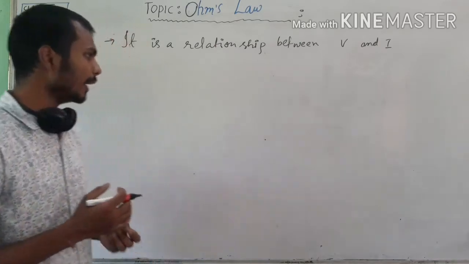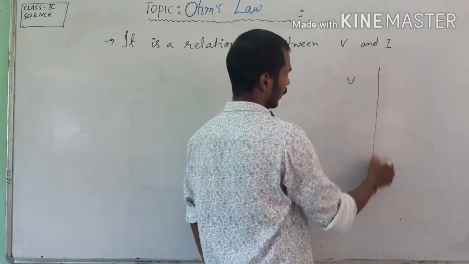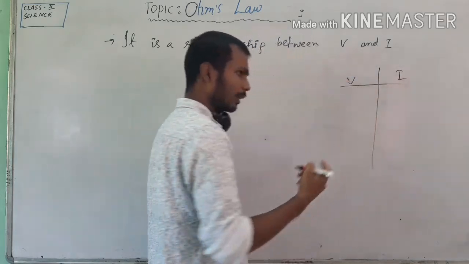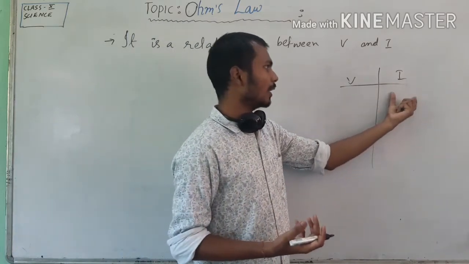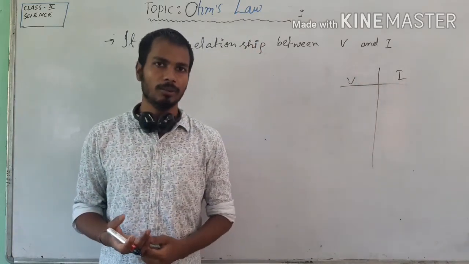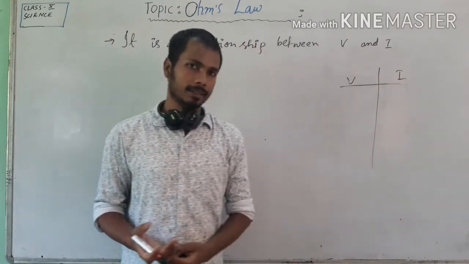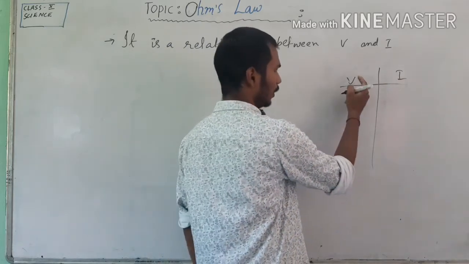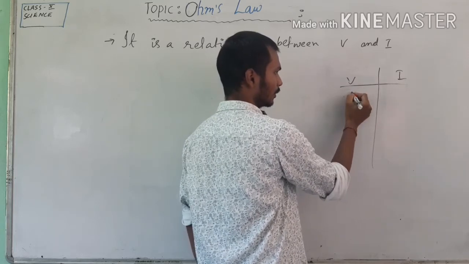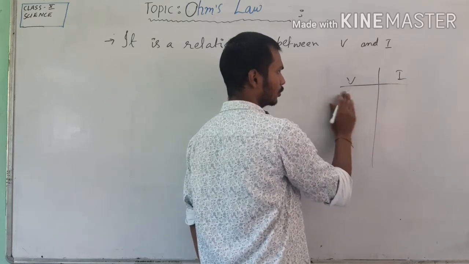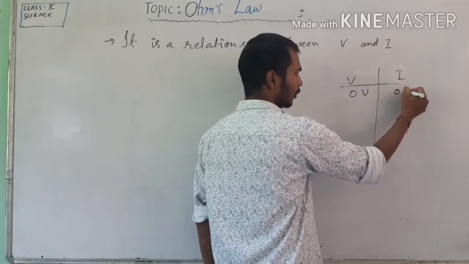He studied and his observations were, for example, V and I. He increased the value of V and he found that the value of I also increases. For example, first he was using 0 volt and the current was also 0 ampere.